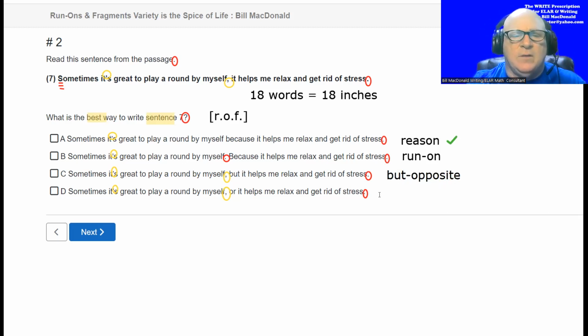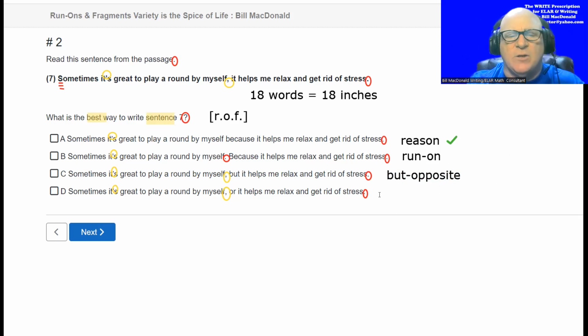Option D: "Sometimes it is great to play around by myself, comma, so, short bounce for a shorter pause, or bending the slinky low, or it helps me relax and get rid of stress."